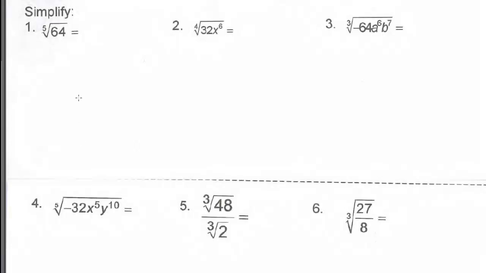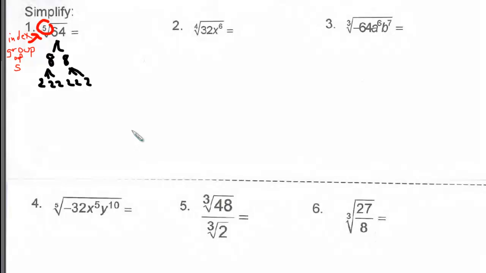So let's simplify the fifth root of 64. 64, we can break that down in our prime factor tree to be 8 and 8. 8 breaks down to be 2 times 2 times 2, and we have that twice. The index is 5.